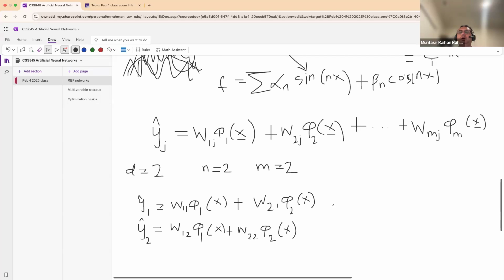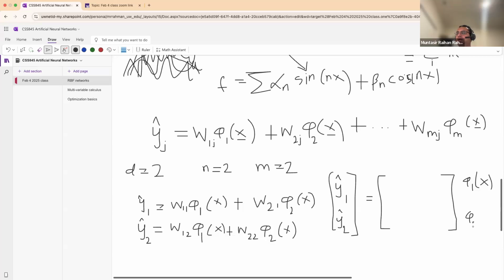And now I can think of transforming this into a matrix equation. I'm going to use this example and then we can generalize. This would be a vector of the output, and then we're going to have a matrix here, which would be the weights. And then here I'm going to have phi 1 of x and phi 2 of x.